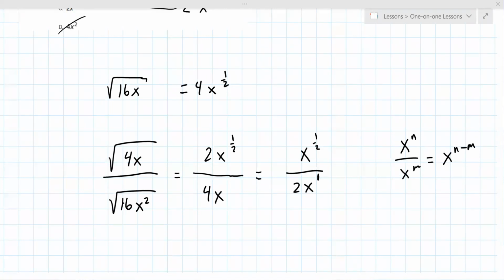Okay, so what is the value of n in this problem? 1/2 minus 1, right? So what is 1/2 minus 1?